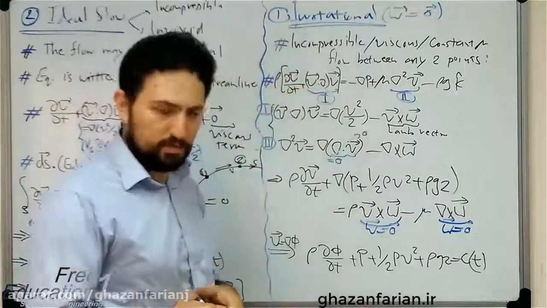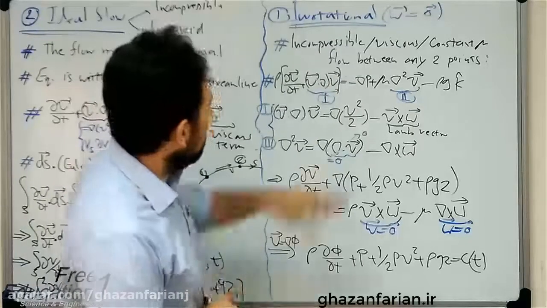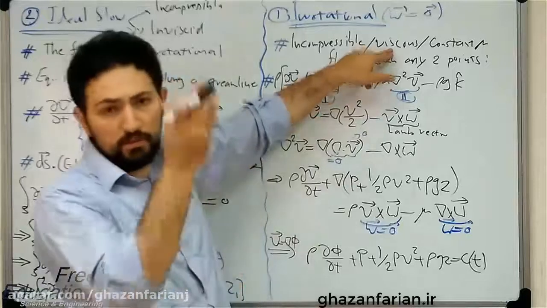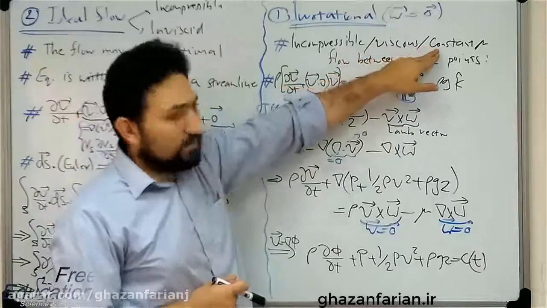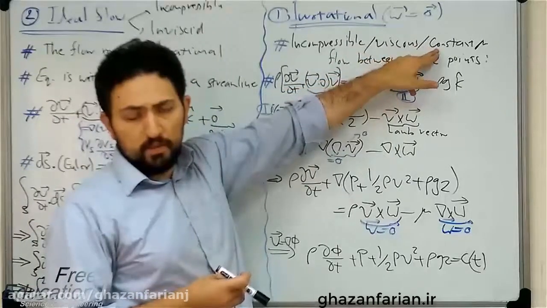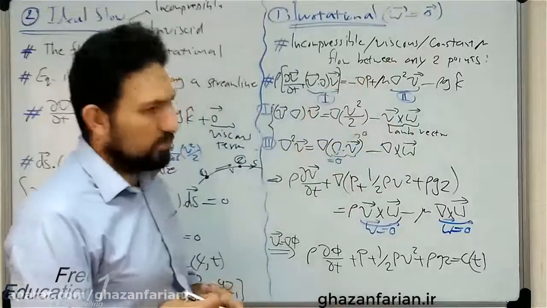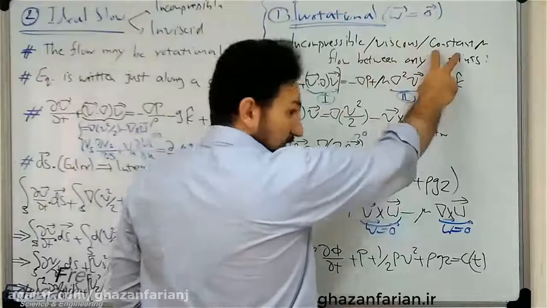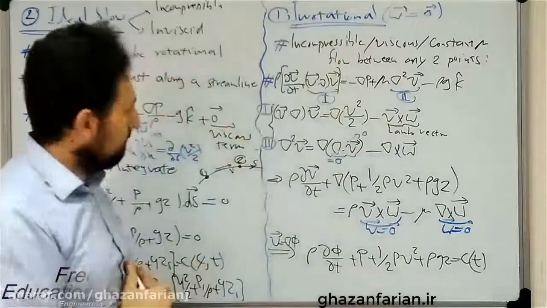and incompressible. And in addition, with a generally viscous flow, the dynamic viscosity should be constant. So this version of Bernoulli's equation is written for generally viscous flow with constant viscosity, and incompressible and irrotational flow.